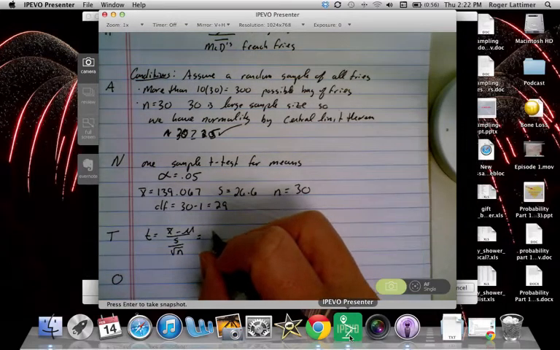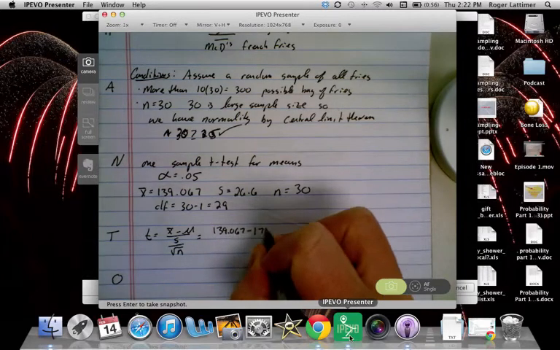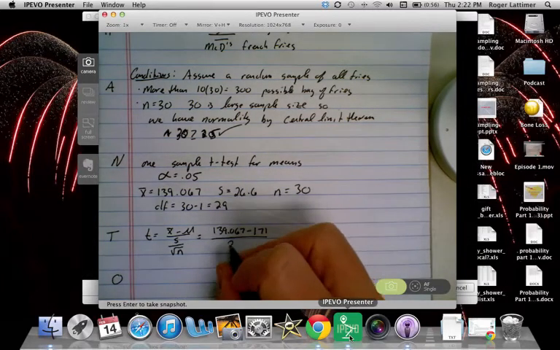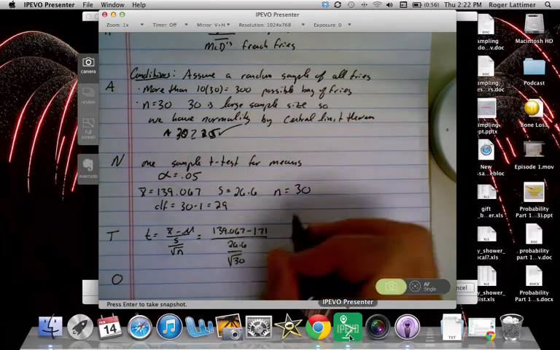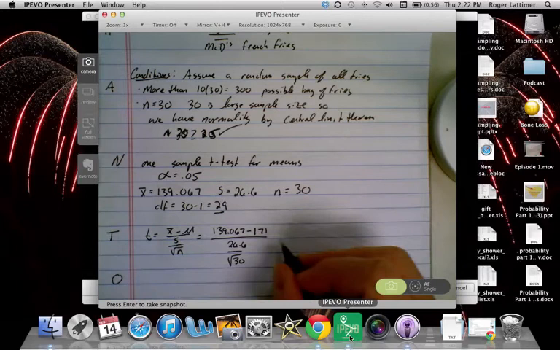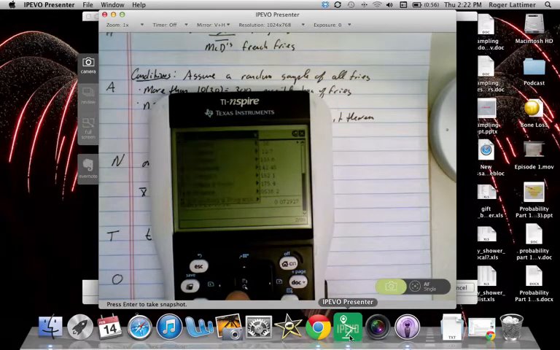So we got x bar was 139.067 minus 171, all divided by s, 26.6 over the square root of 30. My degrees of freedom in this case are 29, so I go through and do this, and now I'm just going to jump to the calculator and run the test. I'm going to go Menu, Statistics, Stat Test.